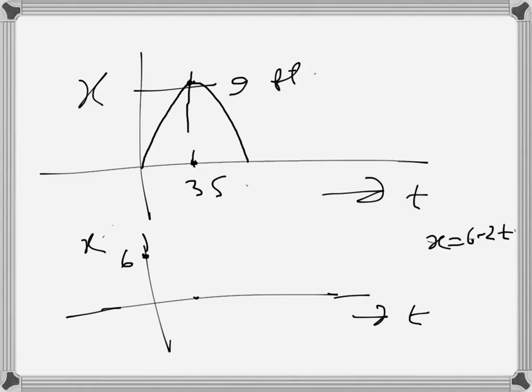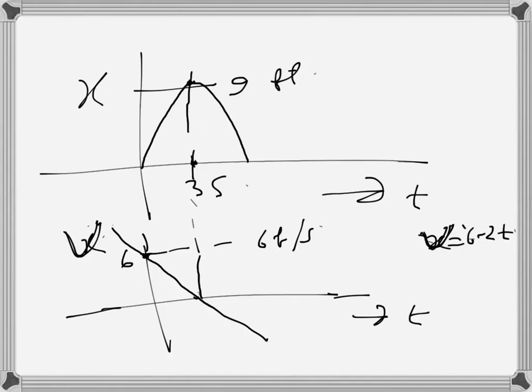So it's a negative slope straight line, so something like that. So that's 3 here. This is velocity, sorry. So that's 6 feet per second there, and then this one is 3 seconds.